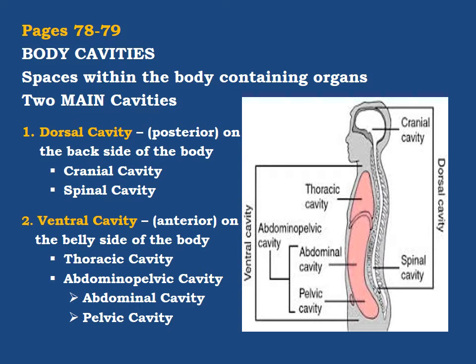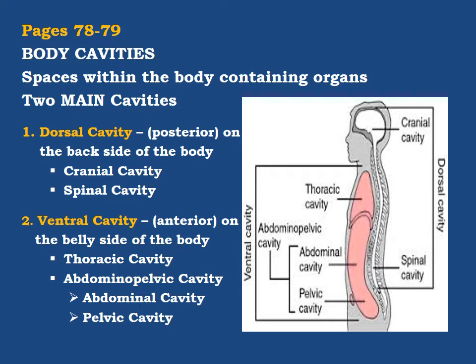What is the meaning of cavity or cavities? Look at the slide here. It says spaces within the body containing organs. So a space where you can find some organs of the body. For example, if you take the chest area in the body, what are the organs that you can find in the cavity inside it?